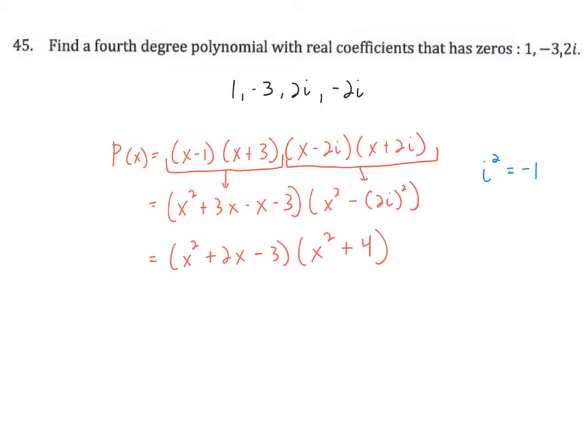Alright, now we just have to FOIL these, or kind of distribute, I guess. Okay, so we'll just do x squared times each of these, then we'll do 2x times each of these, and then we'll do negative 3 times each of these.